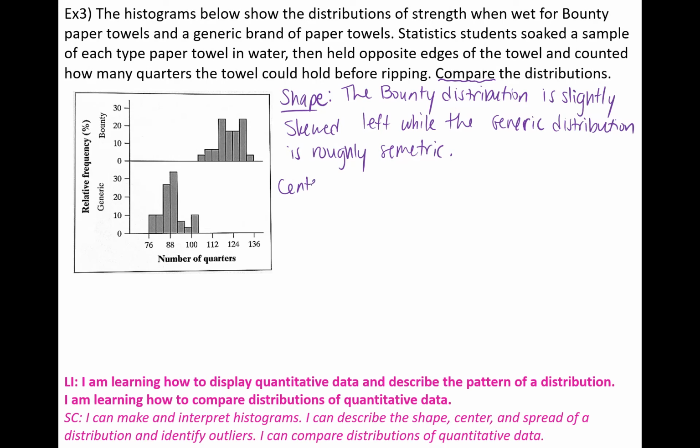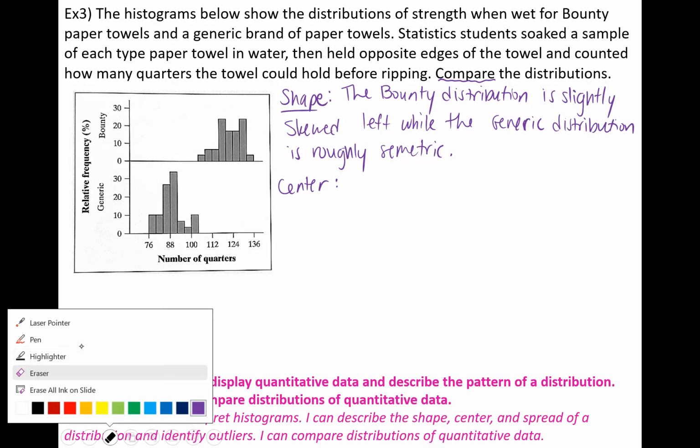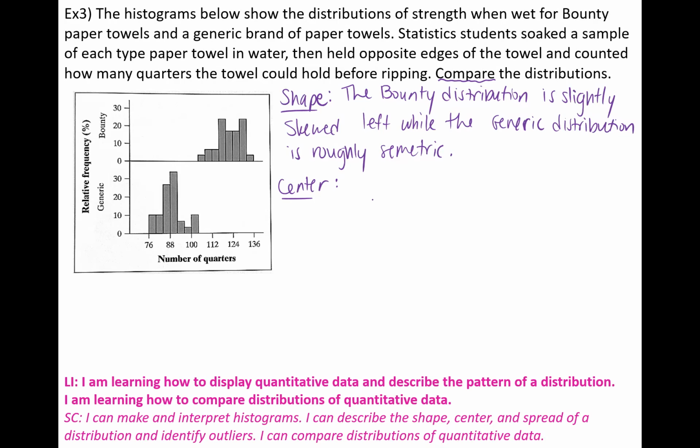Then we'll go on to center. Comparing the center of these, they are very different in where they are centered. So starting with the Bounty distribution, let's see where it's centered.